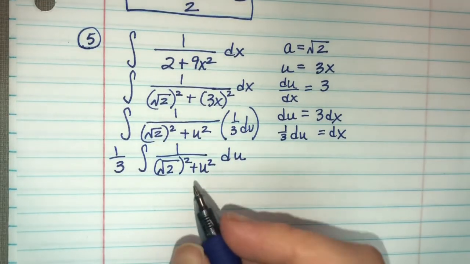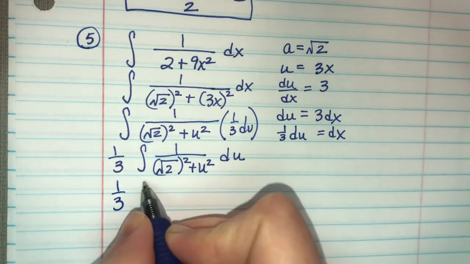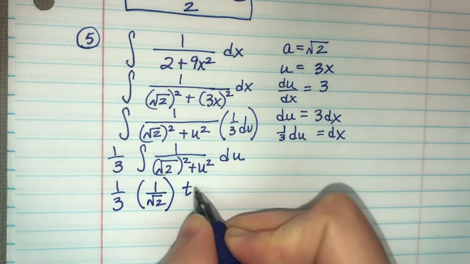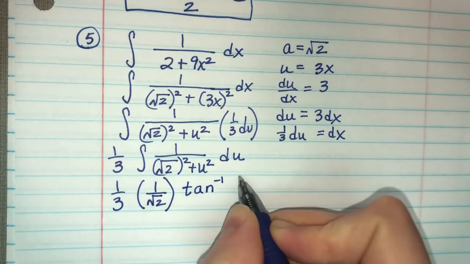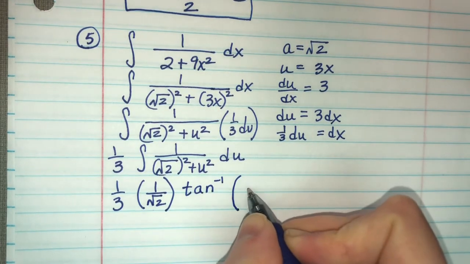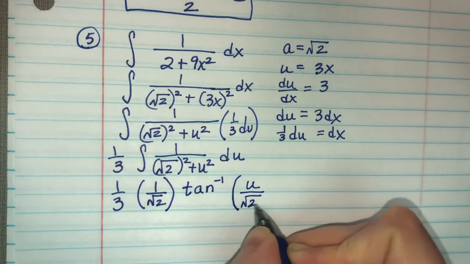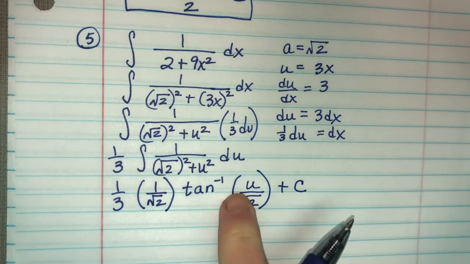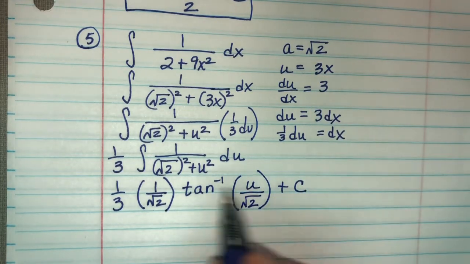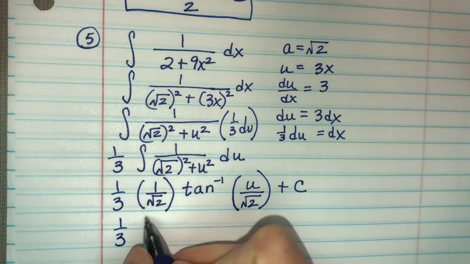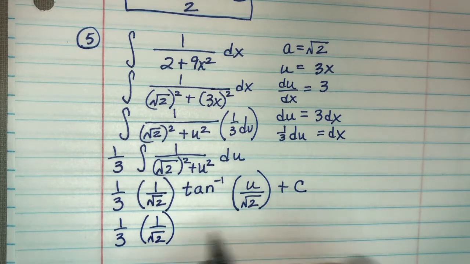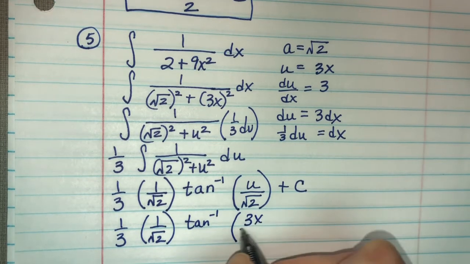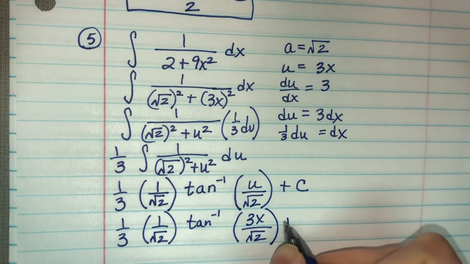So this is going to be 1/3 out in front times 1 over a, our a value is the square root of 2, times the inverse tangent of u over a plus c. And of course we can take the u out and replace it with the 3x. So 1/3 times 1 over the square root of 2 inverse tangent of 3x over the square root of 2 plus c.